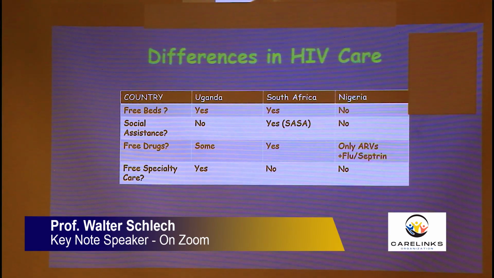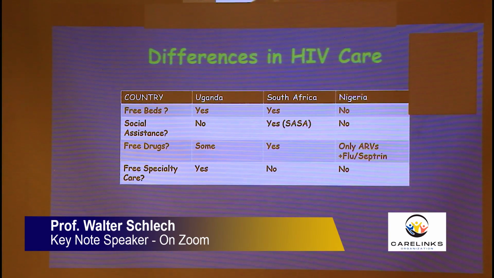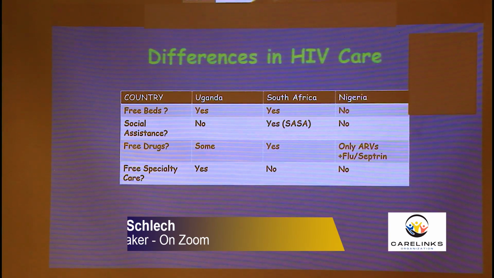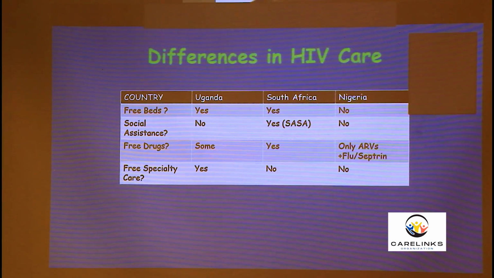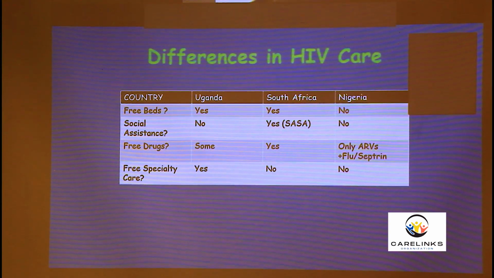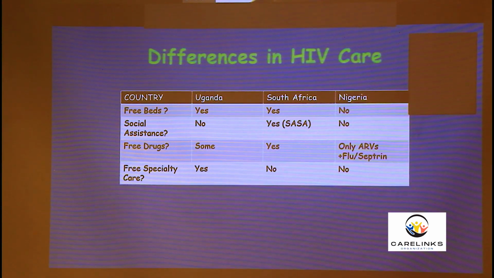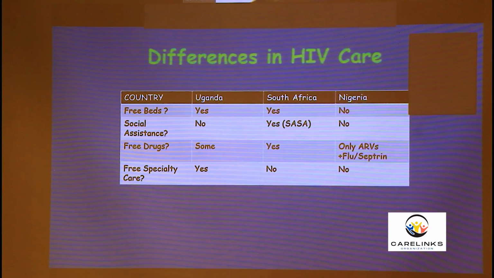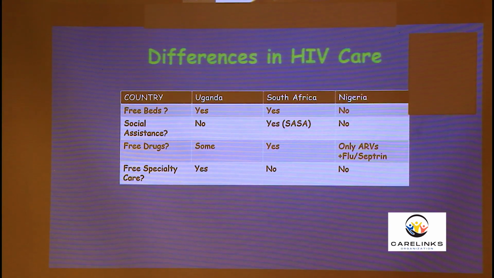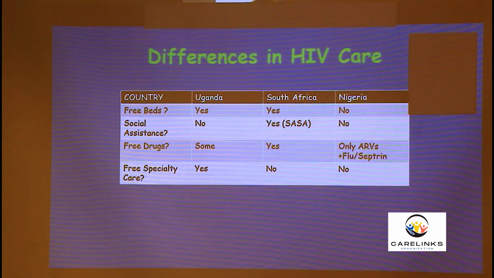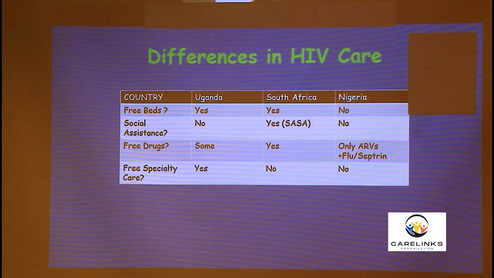So let me point out some of the differences between these countries in HIV care. The beds are free, generally, in South Africa and Uganda, for example. In Nigeria, actually, they're expected to pay a small fee, even in a public hospital, for the bed. There's really no social assistance programs in almost any countries, but South Africa, being a middle-income country, does get some social assistance, and so people can be eligible for that. Some drugs are free in Uganda.